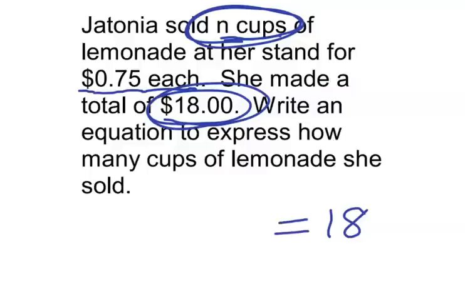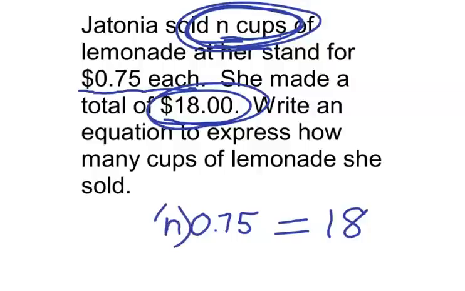We know that she's selling each cup for 75 cents, so that'd be 0.75. And each cup is that much, so we're just going to put an N there. So we're going to put N times 0.75 equals 18. Well, that's pretty much it. That's all we have to do, because that's all they're asking us to find out. They don't really ask how many cups of lemonade. Write an equation to express.